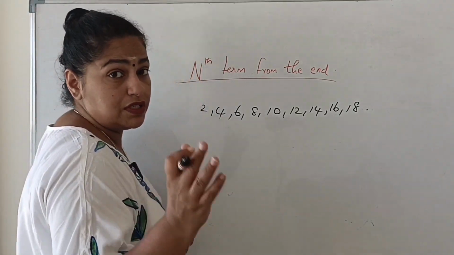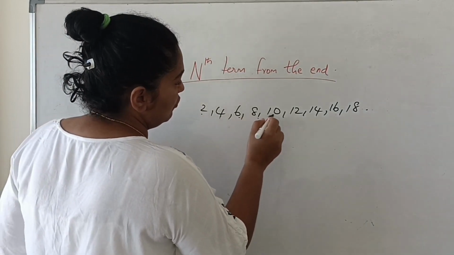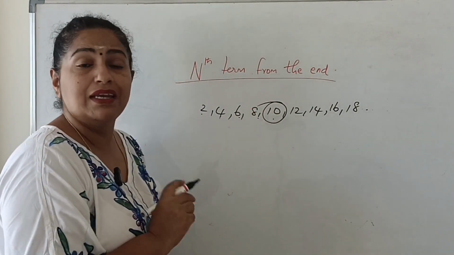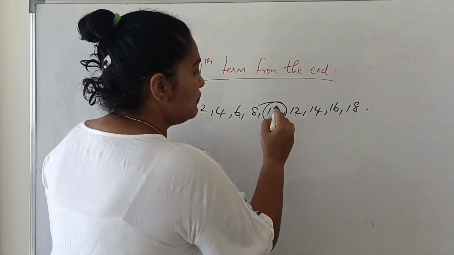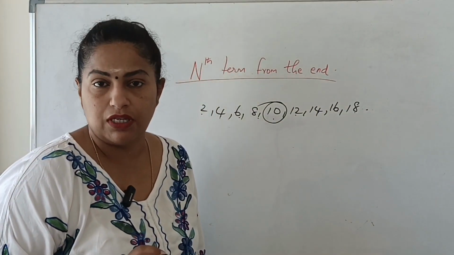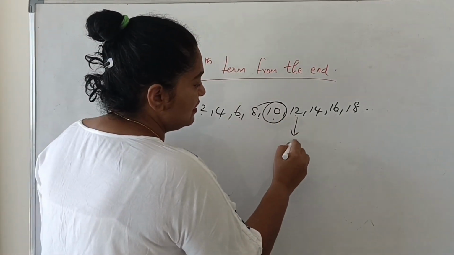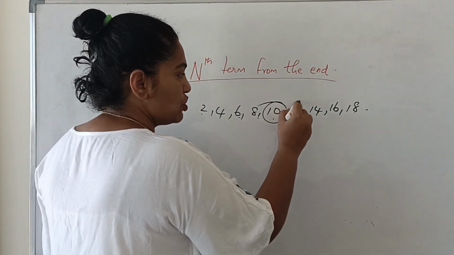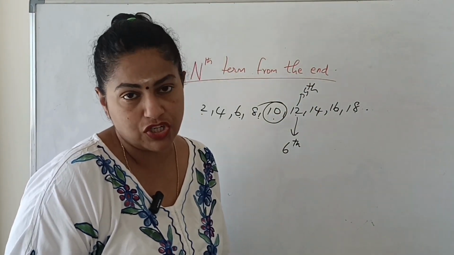You know that the fifth term from the beginning is 10, that is also the fifth term from the end. If we are talking about 12, this is the sixth term from the beginning and the fourth term from the end of the arithmetic progression.